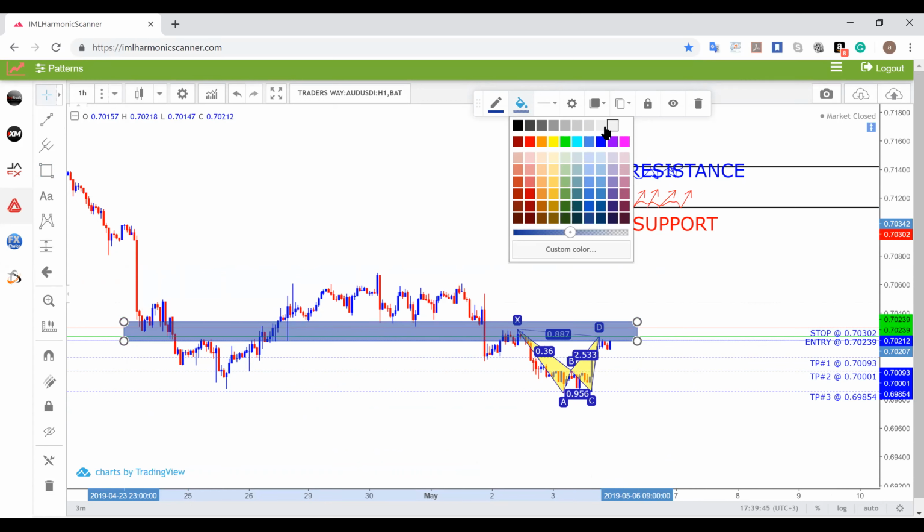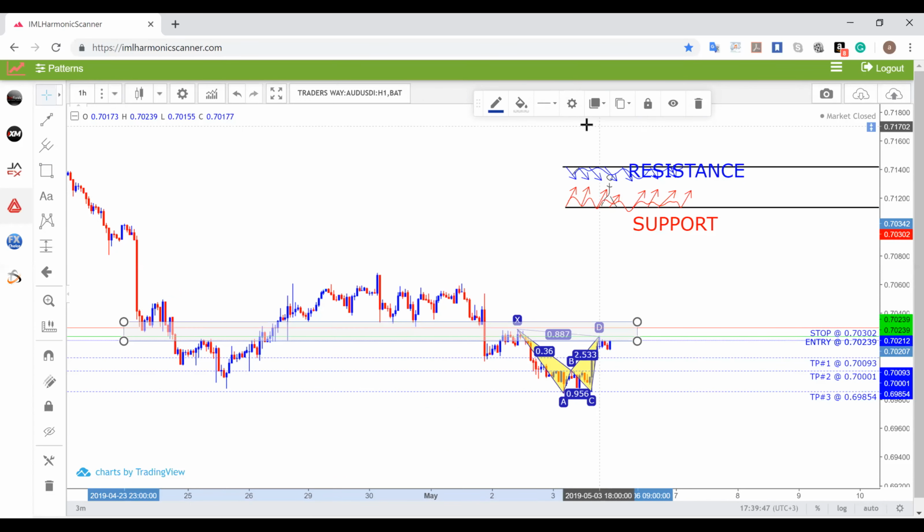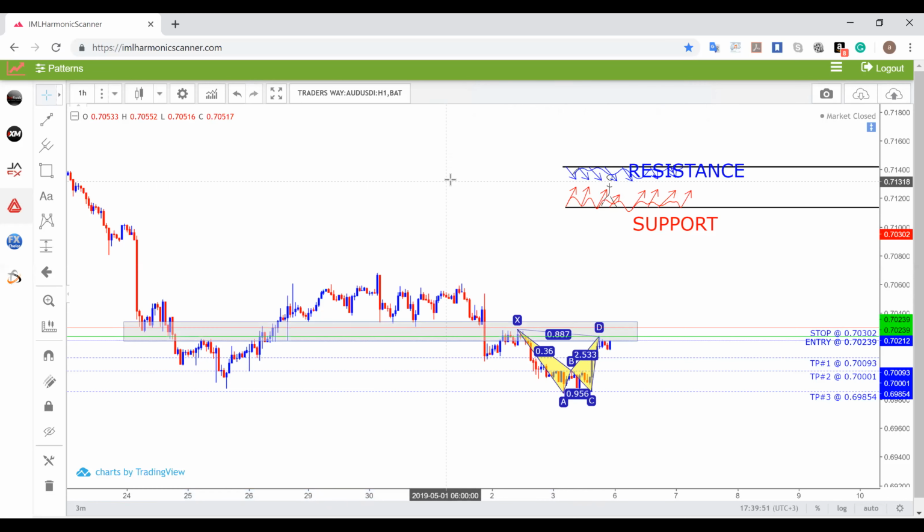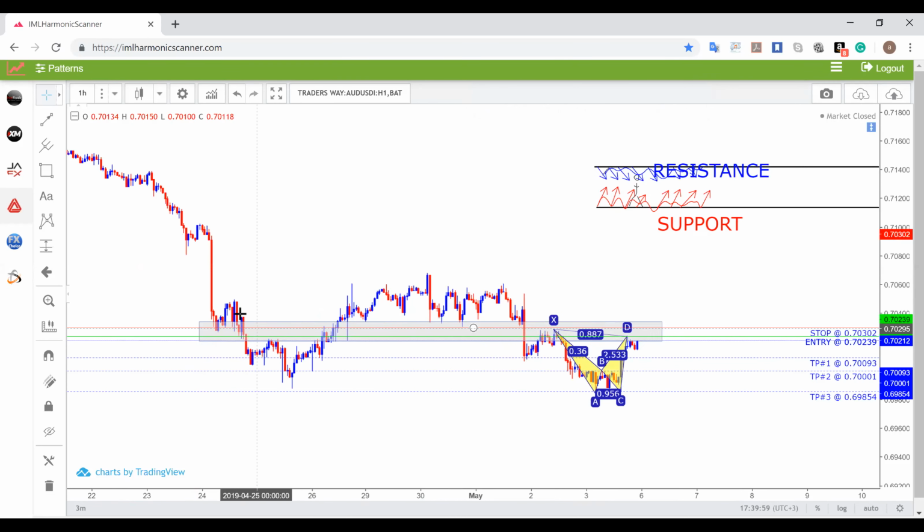I'm going to make this box a bit gray. What do y'all see in this area? You see that price is basically doing two things. It's either under it or it's above it, right?